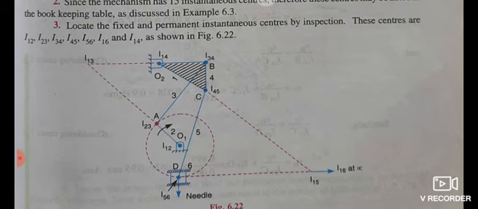From top: I13, I14, I34, then I45, then I23, I12, I56 and I16. I16 will be found at infinity.